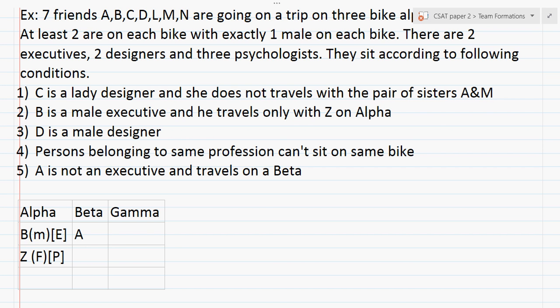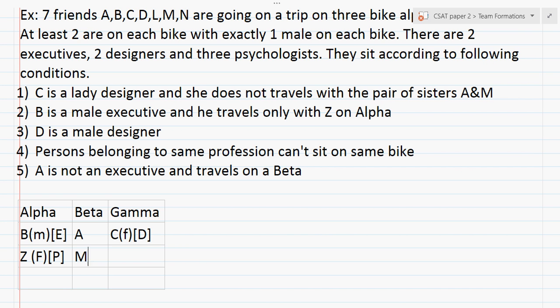We also know that C is a lady designer and she does not travel with A or M, so C cannot be here, C has to be here, right? So C is a lady, which means a female, and she is a designer. She does not travel with A or M, which means M has to be here.